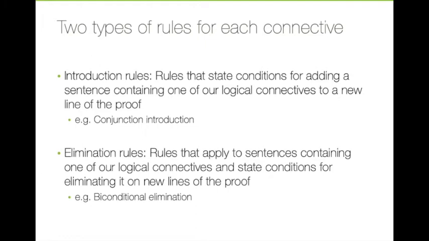We apply biconditional elimination to a line of the proof with a biconditional as the main connective. And that, along with other conditions, allows us to add a new line without a biconditional as the main connective. The idea behind these two types of rules is this. Let's say we start with premises that contain biconditional and negation.